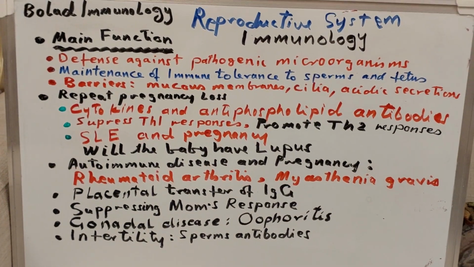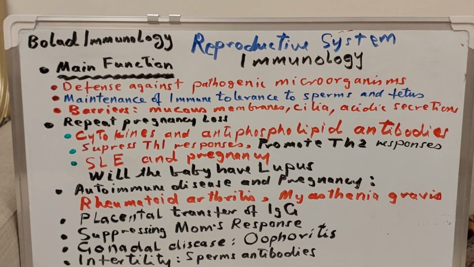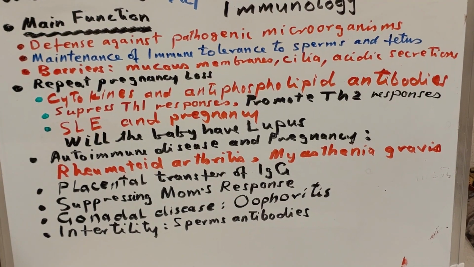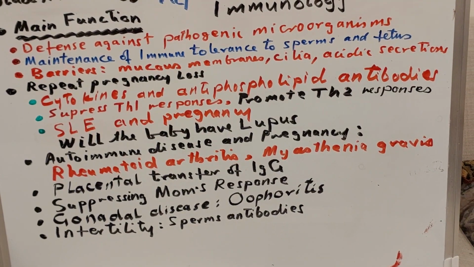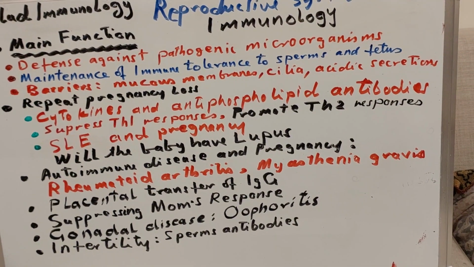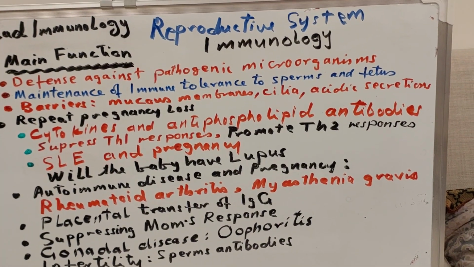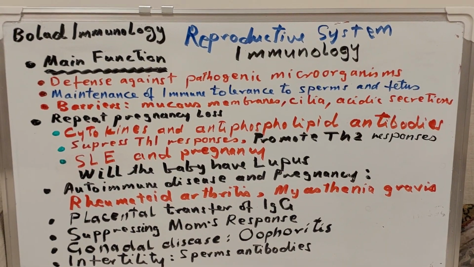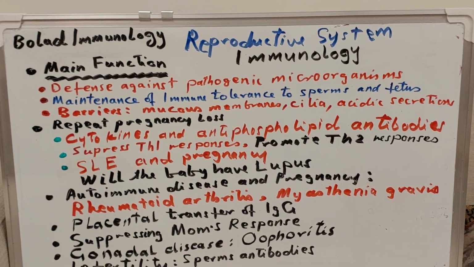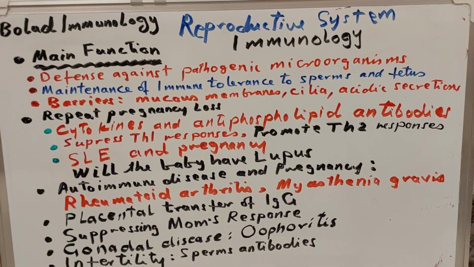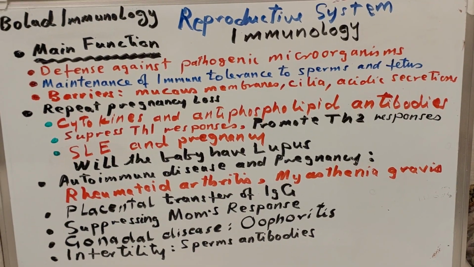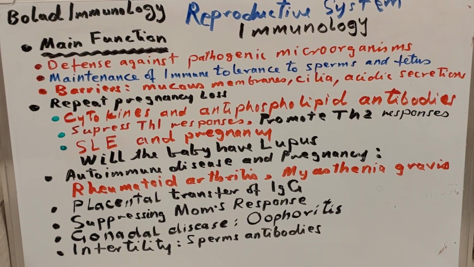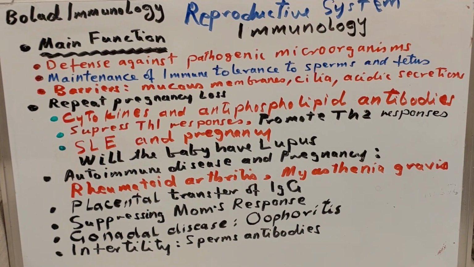As I mentioned, there is a shift from T helper 1 to T helper 2 during pregnancy. Ladies with rheumatoid arthritis may benefit from the pregnancy, but women with SLE may get some complications.